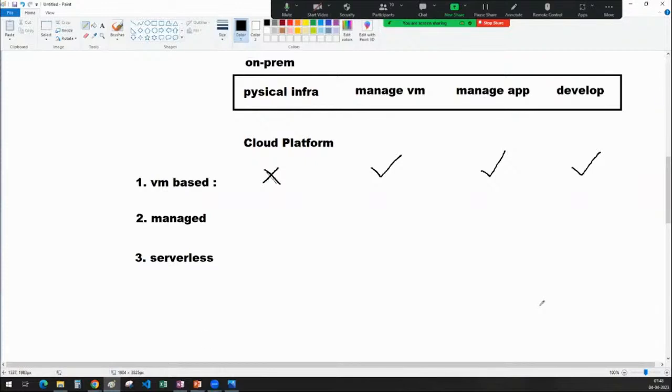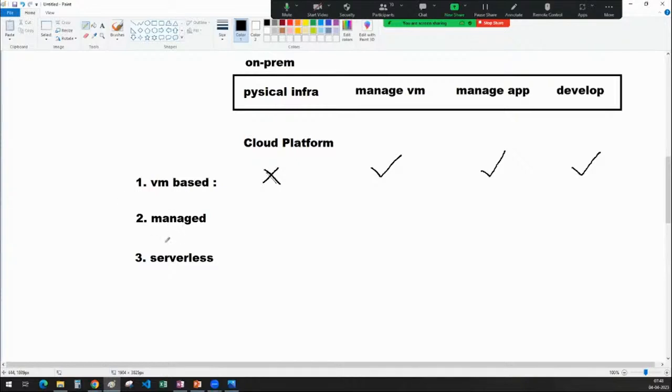VM based services are hosted services, people also call them hosted, guys. In this one, you need not manage the infrastructure, because it will be provided to you in the form of a virtual machine. After that, managing the virtual machine, managing the application, and developing a solution is on you. But who will take care of the physical architecture? The cloud platform will take care of it.